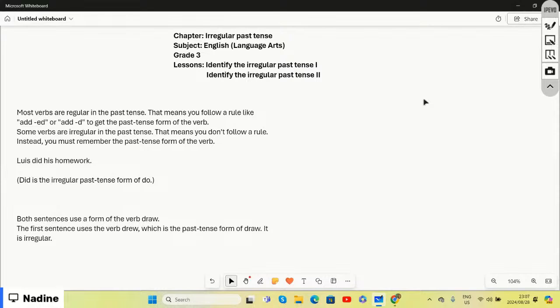And then we have regular tenses and we have irregular tenses. In today's chapter, we're doing irregular past tenses, which means that we're going to be focusing on the past tense, which tells us that something has happened in the past.